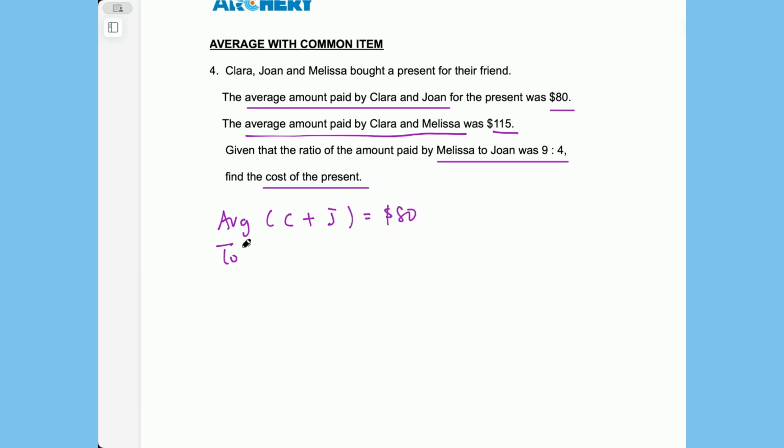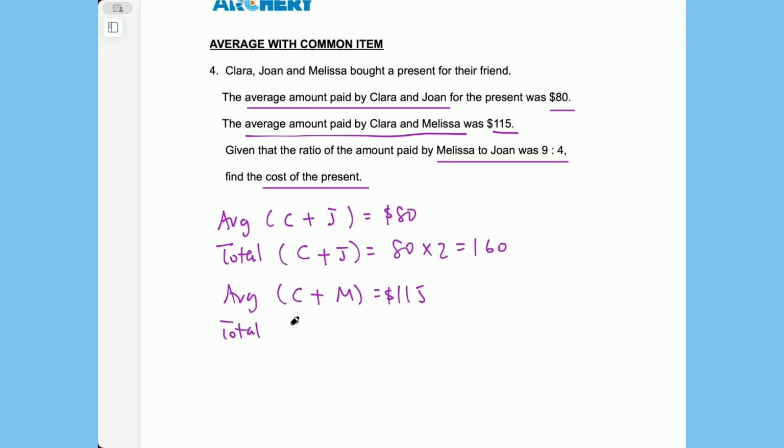which means the total of C plus J will be 80 times 2, which is 160. Now the average of Clara and Melissa is 115. So the total of Clara and Melissa will be 115 times 2, and that's 230.